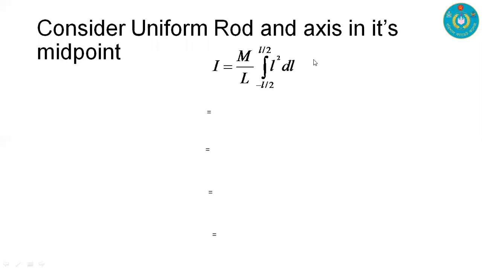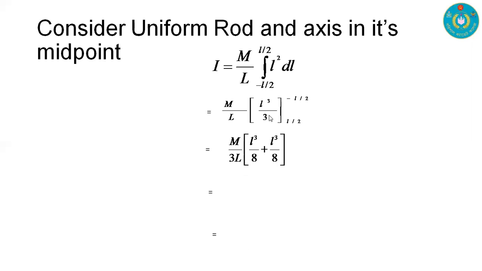If the axis is at the midpoint, we have the equation I is equal to m by l times the integration from minus l by 2 to plus l by 2 of l square dl. If we integrate l square dl, we can write l cube by 3, with the limits from minus l by 2 to plus l by 2.